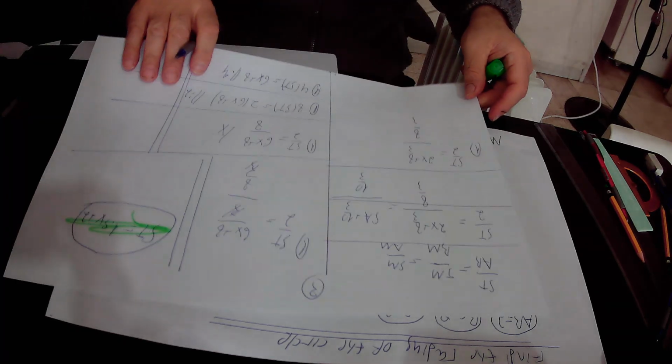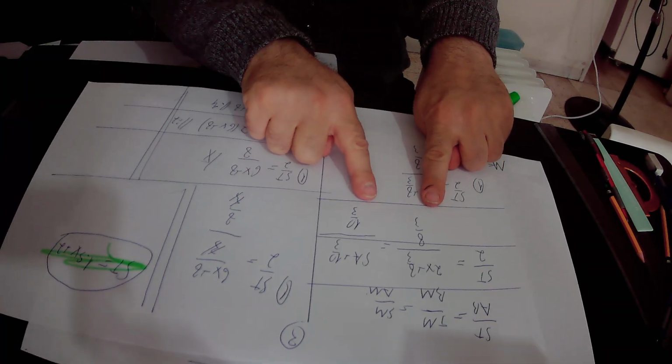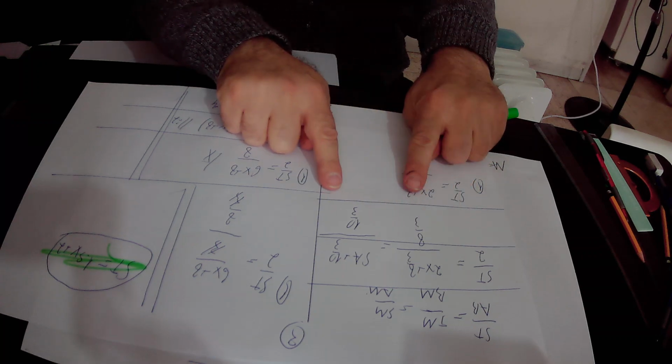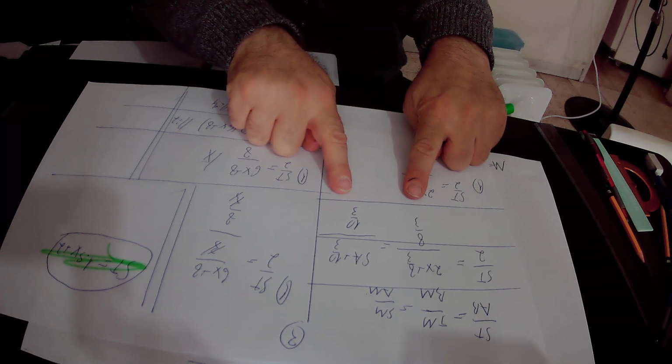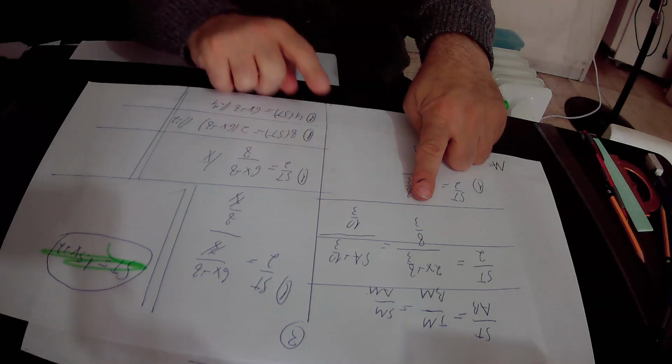We will continue to focus on this long equation. In this long equation, we have those two sides, they are equal to each other. So we will create equation 2 from those two sides that are equal to each other.